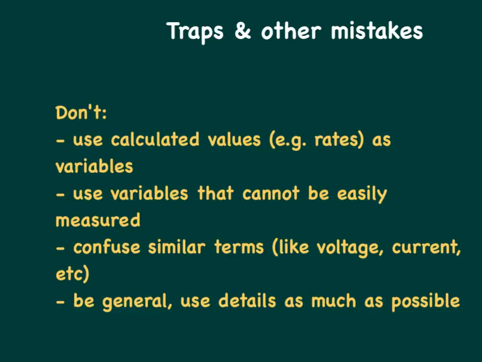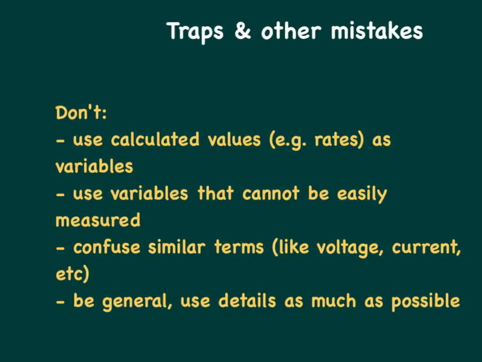Right, last thing to look at is some traps and other mistakes. Please never use a calculated value as a variable. It just doesn't add up. When in doubt, use a variable that is easily measured. Right? Don't confuse similar terms.